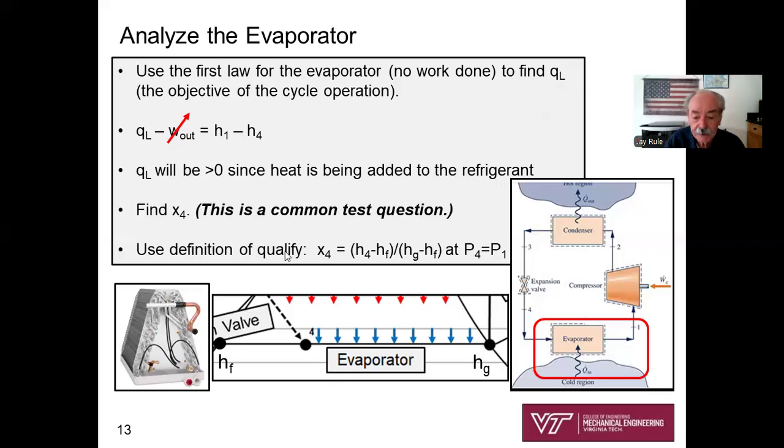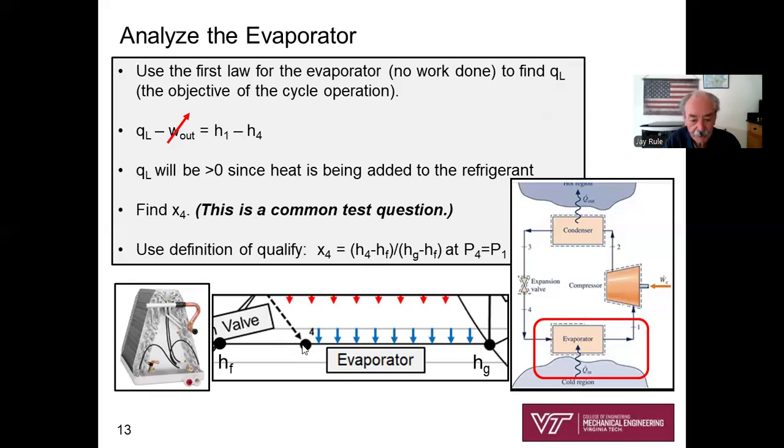How will we define X4? I've tried to draw a partial screenshot of our TS diagram. Here's state 4 coming out of the expansion valve, a saturated mixture. I'm going to write down H sub G and H sub F at P4, which is a known value. I'll look those two up. Then I'm going to simply remember my definition of quality.